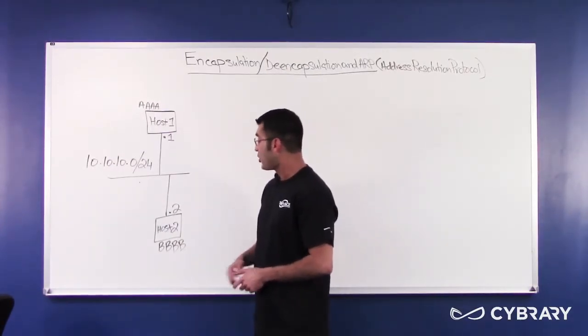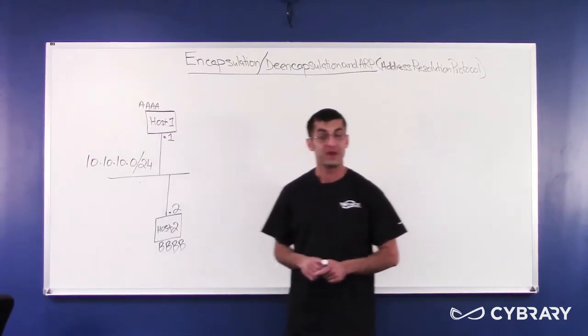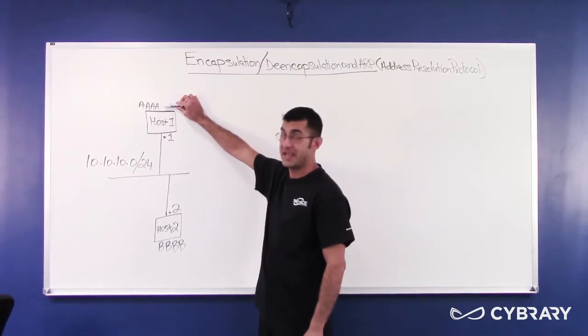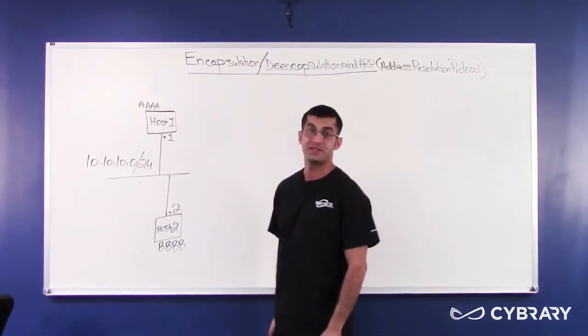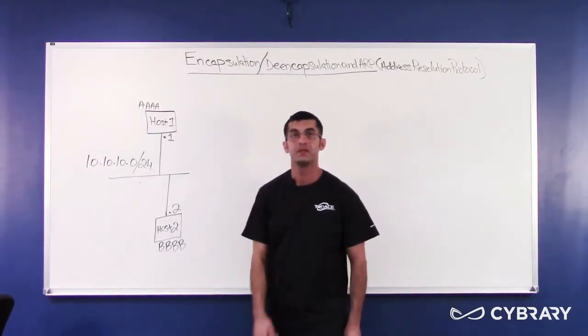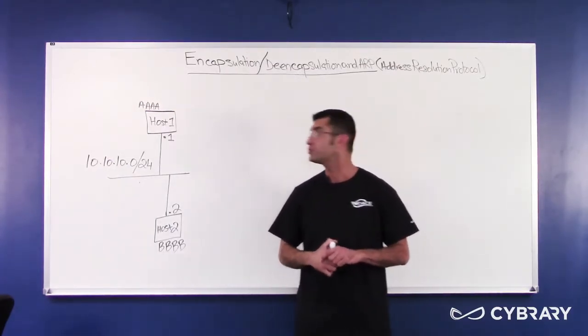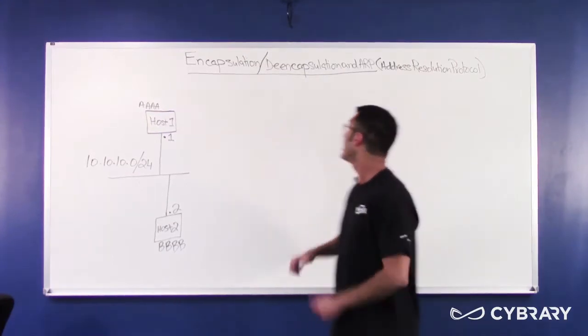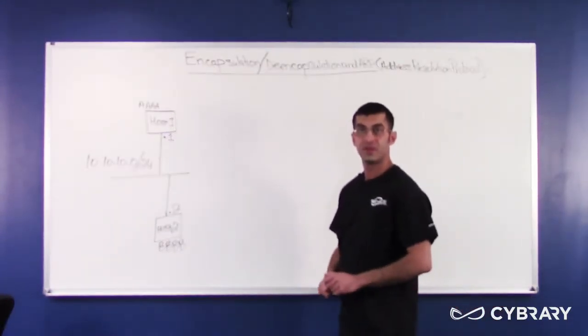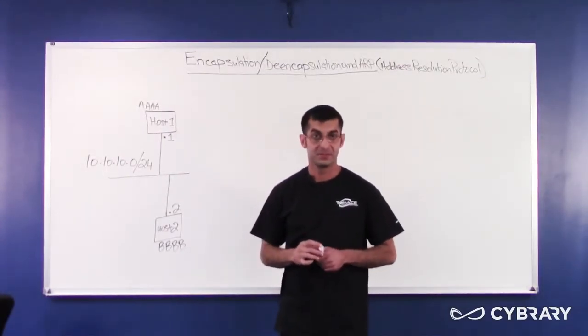Host 1 needs host 2's MAC address to create the frame. Host 1 already knows its own MAC address is AAAA, but host 1 does not know host 2's MAC address, which is BBBB. So at this point, host 1 generates an Address Resolution Protocol request, which is a broadcast.